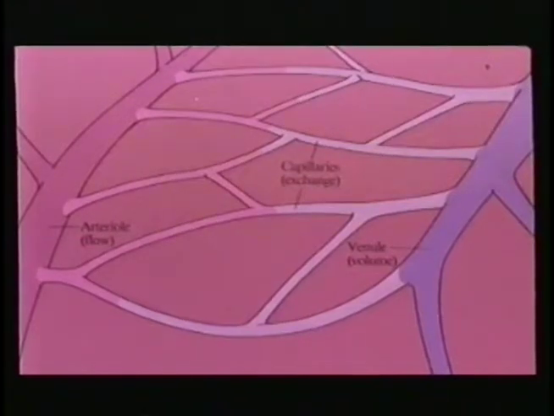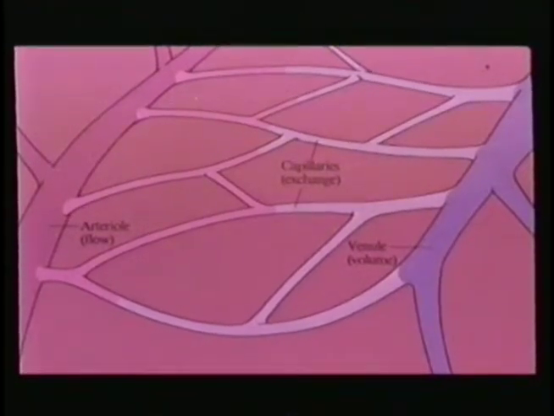The terminal vessels of the microcirculation consist of the arterioles, the capillaries, and the venules. In the broadest terms, the arterioles are the vessels responsible for flow control and are a major contributor to the dissipation of pressure. The capillaries are responsible for exchange of materials between blood and tissue, and the venules act as collecting vessels.